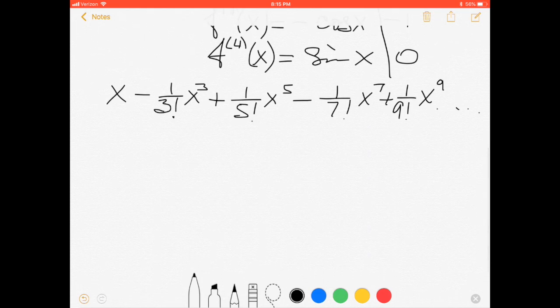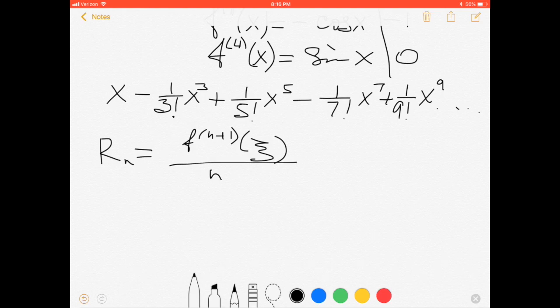And now we have some theorem, but before that, we remember what the error was here. We have a formula when we use Maclaurin and Taylor polynomials. The error R_n was the (n plus first) derivative at some point zeta over (n plus 1) factorial, times (x minus c) to the n plus 1 power.